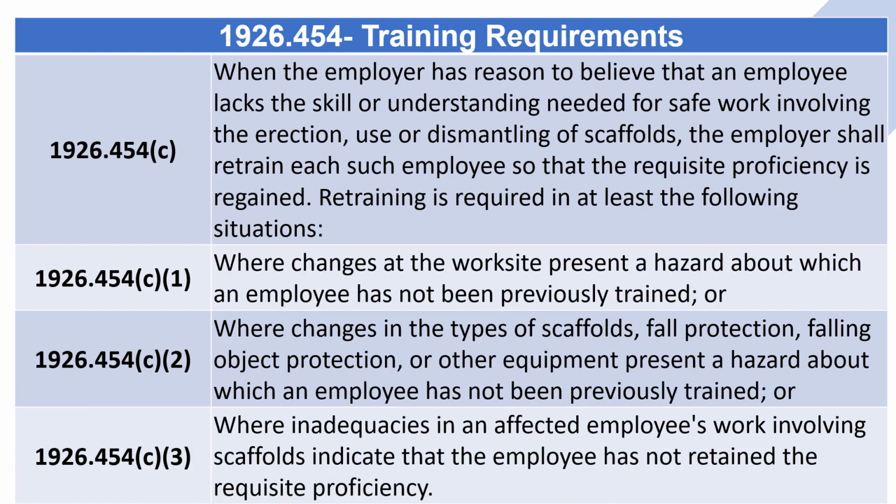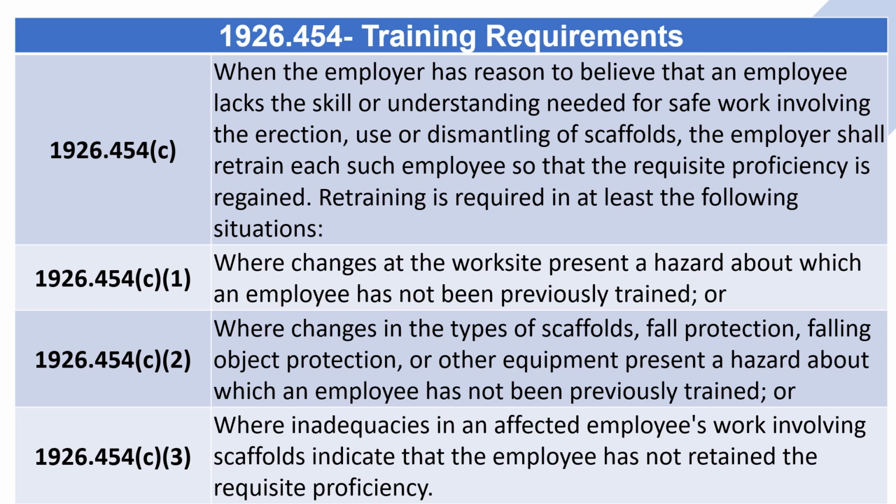1926.454(c): When the employer has reason to believe that an employee lacks the skill or understanding needed for safe work involving the erection, use, or dismantling of scaffolds, the employer shall retrain each such employee so that the requisite proficiency is regained. Retraining is required in at least the following situations: 1926.454(c)(1) through (c)(3).